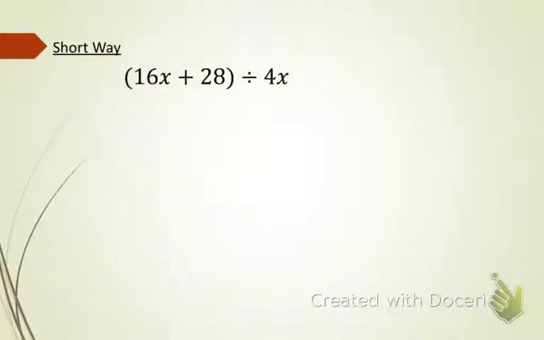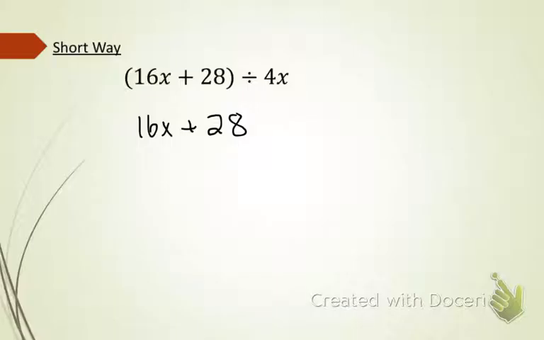Let's try another short method. You're probably wondering, why can't we just use the short method all the time? Well, because tomorrow you're going to learn how to divide a different type of polynomial, and we need to practice with the long method because that is the only way to divide.